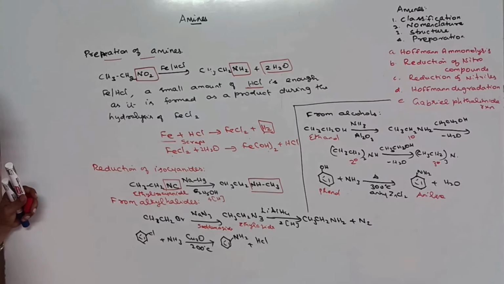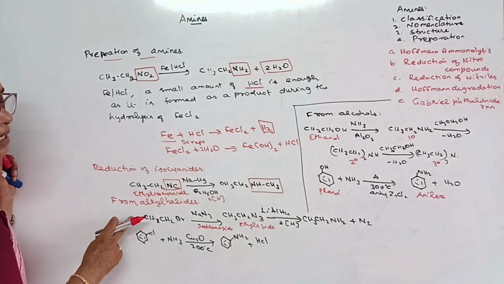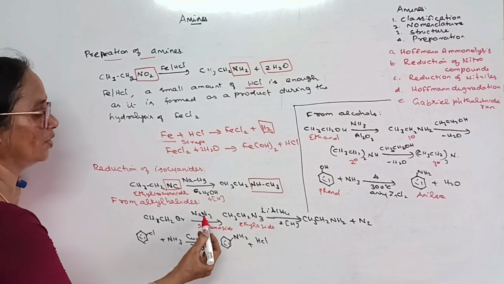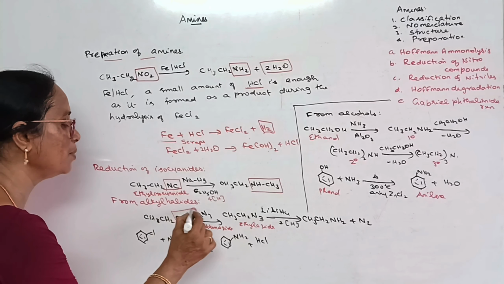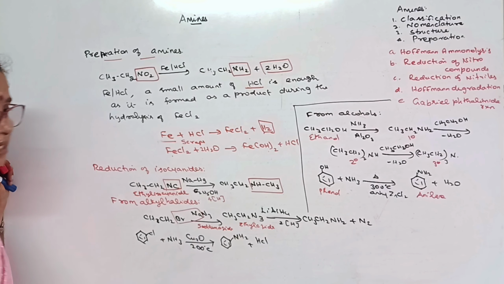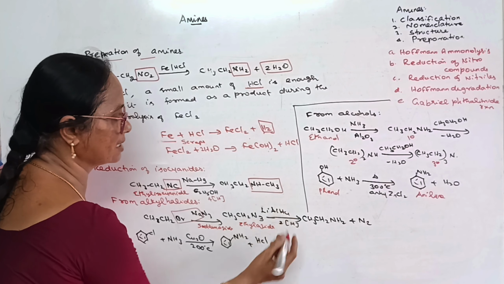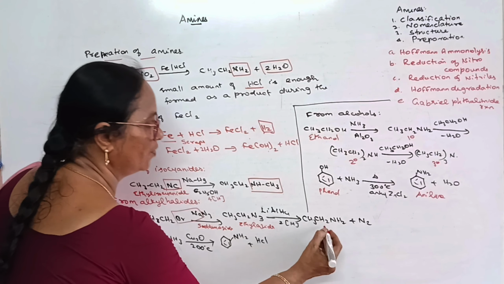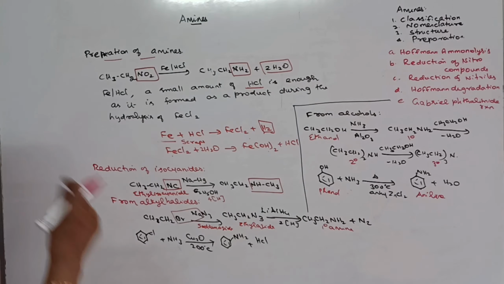In addition to the ammonolysis of alkyl halide with excess ammonia, the alkyl halide can also be treated with sodium azide, NaN3, where NaBr is formed. Br is replaced by the N3 group, so we get ethyl azide. On further reduction, this ethyl azide gives the primary amine and nitrogen.